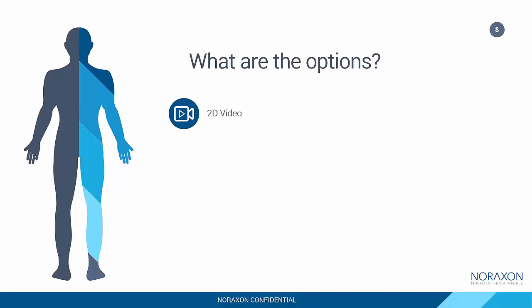Being able to slow down the video and see the distinct movements or the details of the movements can enhance your observational gait analysis just from the start. Our eyes are only able to capture so much information within a given amount of time. So using simple 2D video and being able to slow that information down allows us to see much more than we would otherwise in a normal real-time scenario.